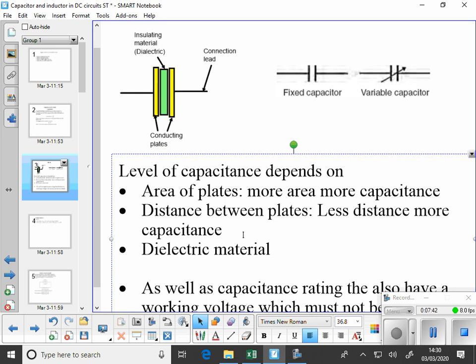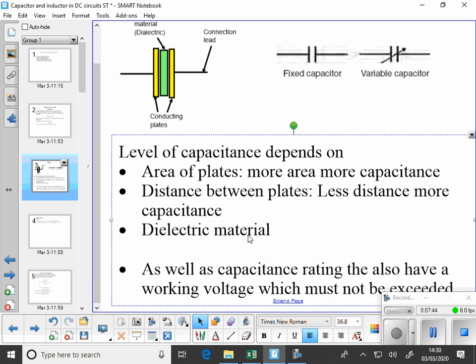What generally happens if you exceed the working voltage is you break down the dielectric material and it goes short circuit. So if you apply too much pressure, you'll force current through the dielectric and you destroy the capacitor. If it's a paper one, that can be quite explosive in nature. You'll blow the can and spread paper everywhere.